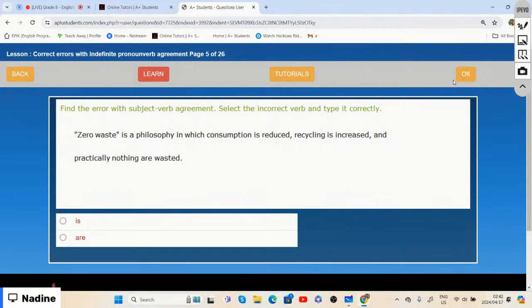All right, so zero waste is a philosophy in which consumption, do we say consumption are reduced or is reduced, recycling is increased, and practically nothing are wasted.